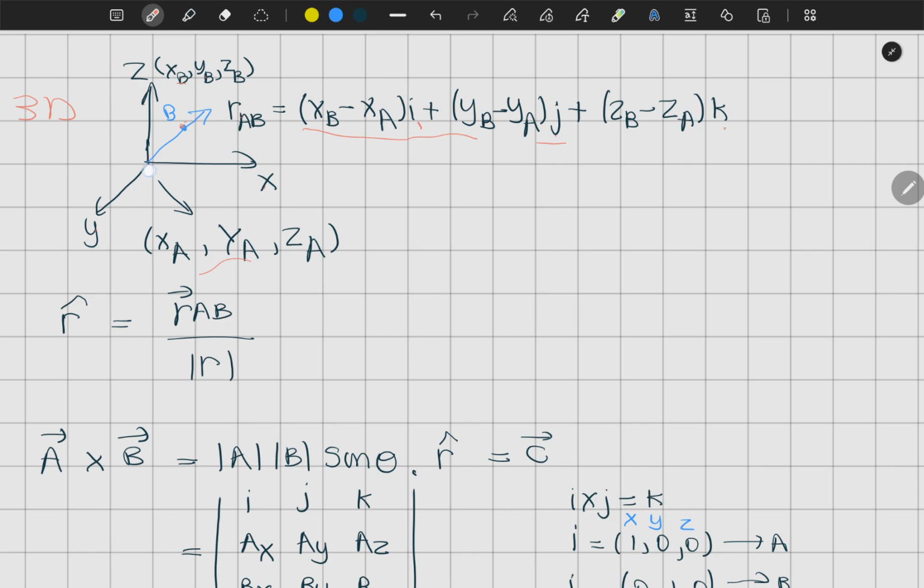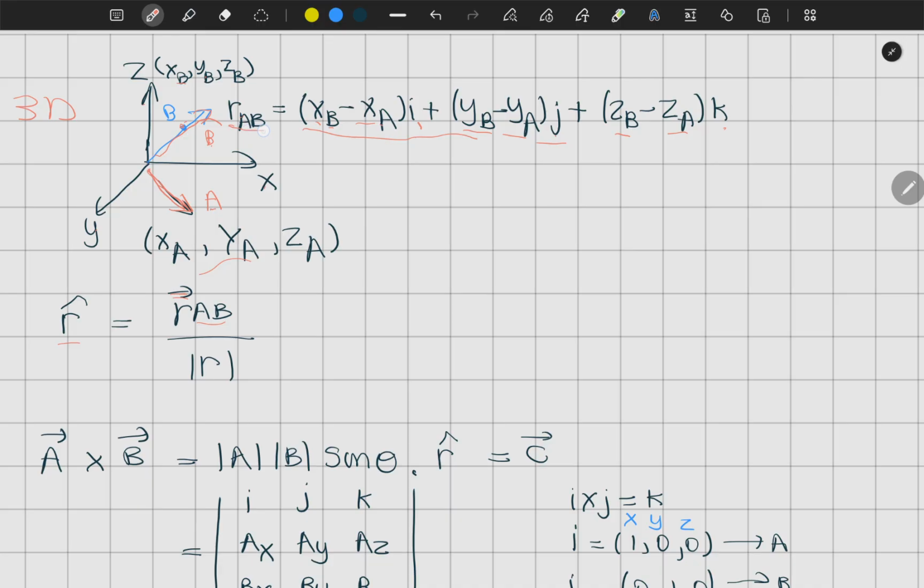So we want to find them between those 2 points. So this is where we have our A, and then this is where we got our B. So it should be what we got at B negative what we have at A. So XB minus XA, YB minus YA, ZB minus ZA. And then you got your unit resultant equal to the vector resultant of AB.